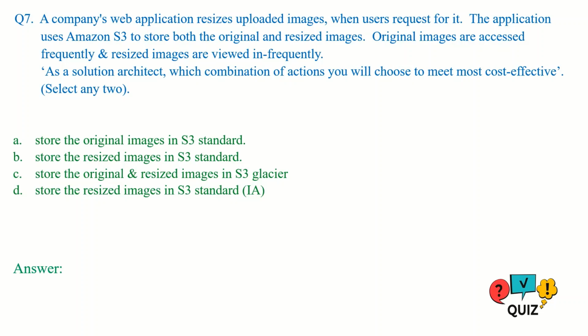Store the original image in S3 Standard, store the resized images in S3 Standard. The third one is store the original and resized images in S3 Glacier. The last option is store the resized images in S3 Standard-IA. A and D. A and D. All right.